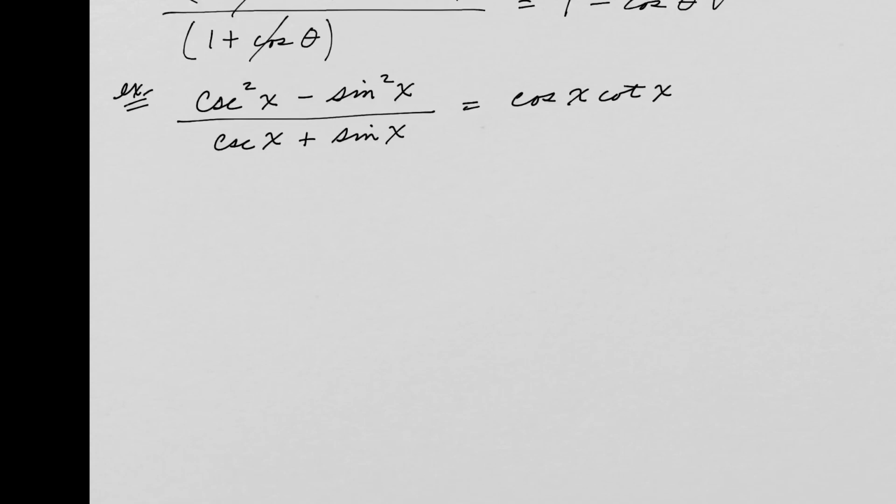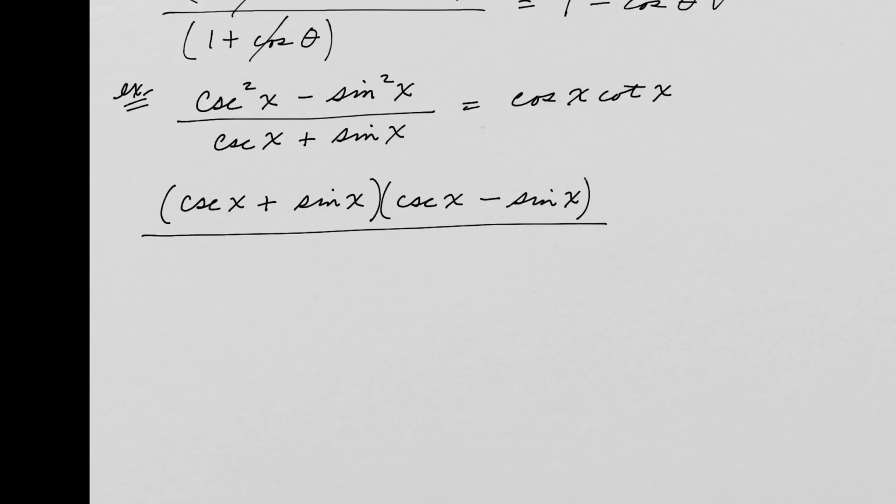Well, if you look at the left-hand side, again, the numerator looks like a squared minus b squared. So it looks like the numerator can be factored into a plus b times a minus b. So it'd be cosecant of x plus sine of x times cosecant of x minus sine of x, over cosecant of x plus sine of x.